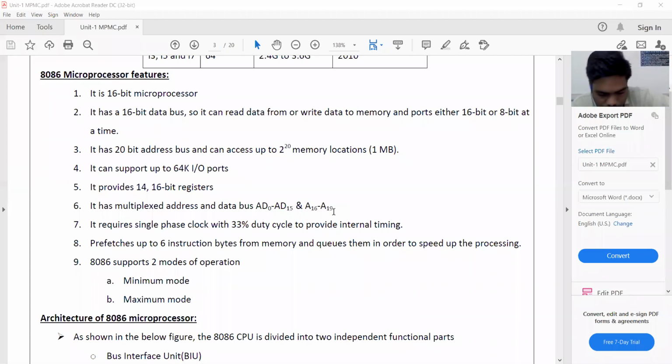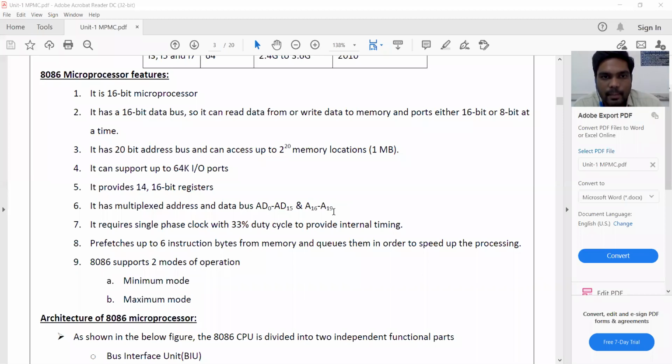From the previous discussion, from the second and third points, you can understand that there are 16 data lines to carry the data and 20 address lines to carry the address.